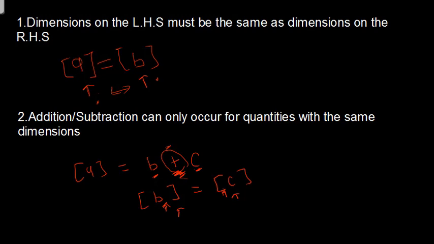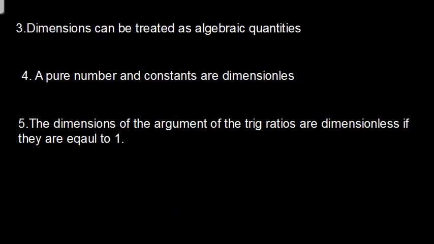And rule number 3 simply says dimensions can be treated as algebraic quantities, or algebraic expressions if you want to put it that way. What this means is that all the rules of algebra can be applied on dimensions.